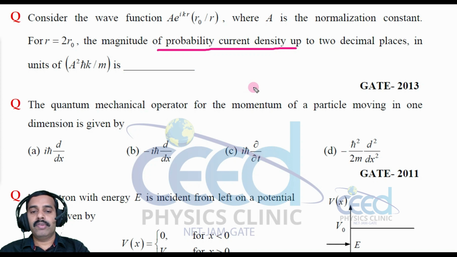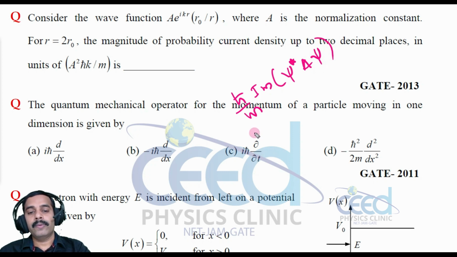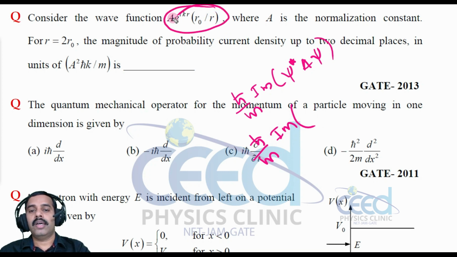What is probability current density? Probability current density we have studied as h cross by m, imaginary part of psi star del psi, right? This is the expression we have studied. So that is h cross by m into imaginary part of psi star. Psi star is the complex conjugate of this, right?